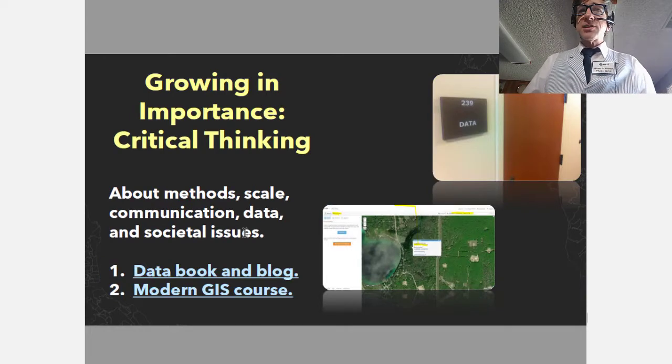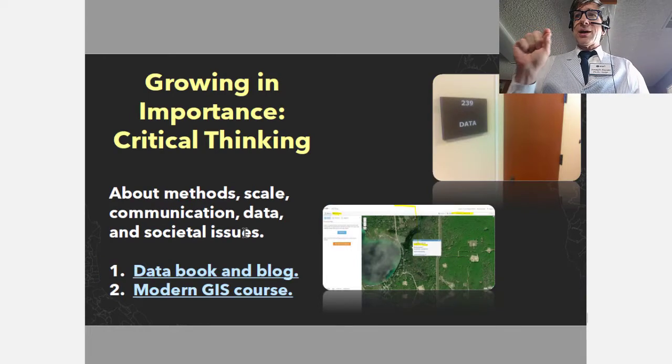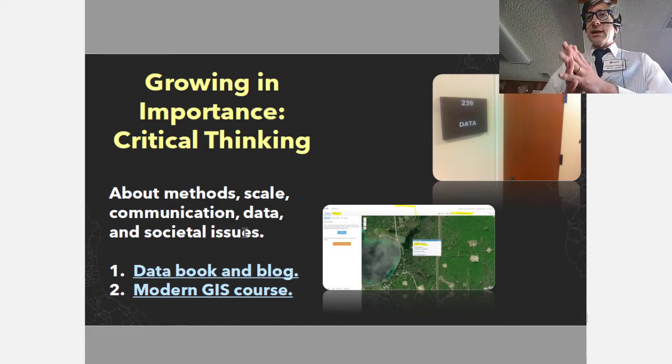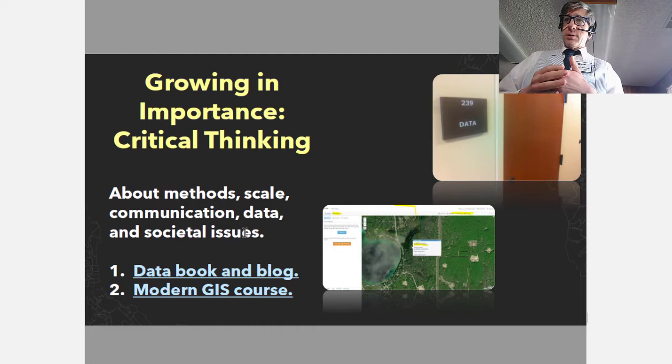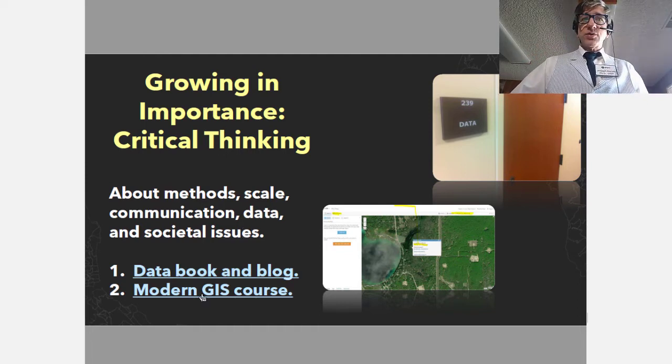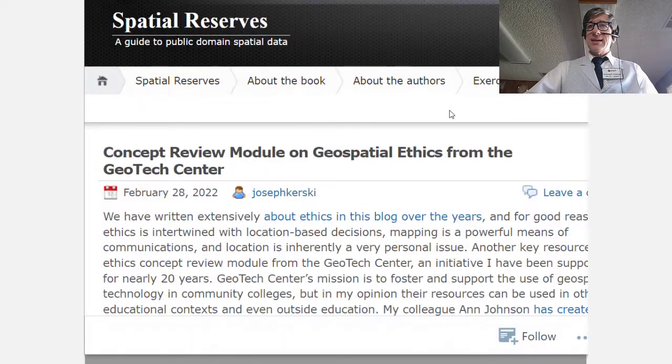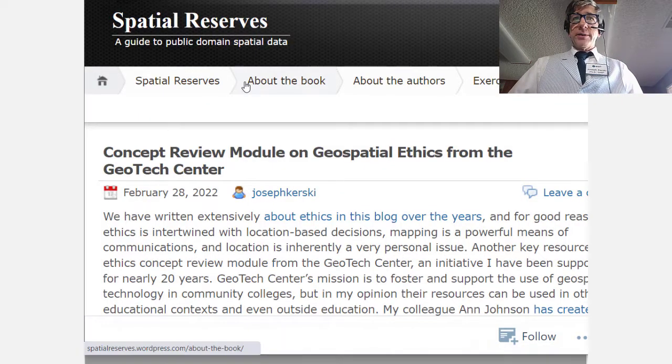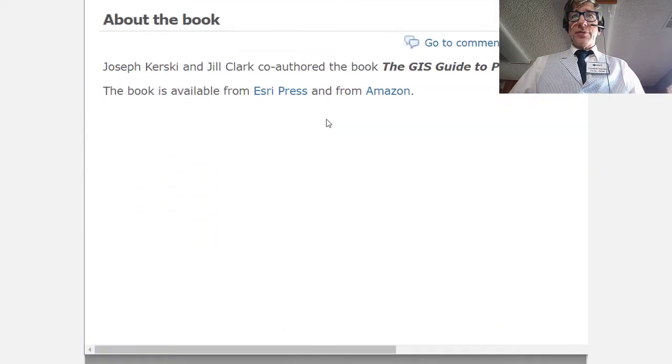Also, a last nudge: critical thinking about data, methods, scale, communication, how you communicate, who, why, how, when. Data and societal issues are important. So my colleague and I created a data book on public domain data, and the blog is associated with that. It's called the Spatial Reserves Data Blog, and here's a graphic about the book.